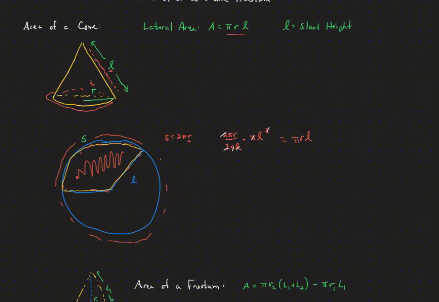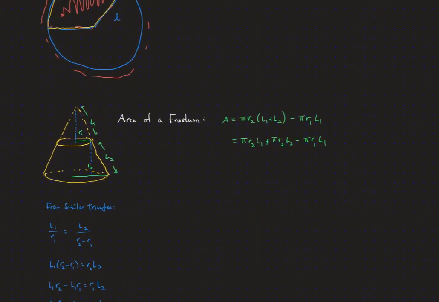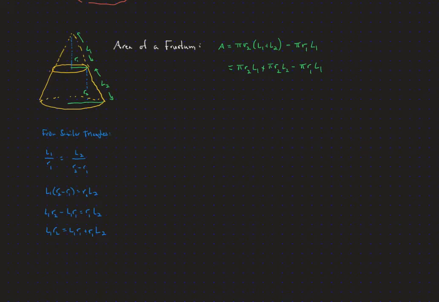Okay, now if we can believe that and establish that, let's move on and look at our frustum. So now we're looking at the area of this piece in here, just that area, not the circle on the top or bottom. We can see that the frustum is part of a larger cone. The big cone has a radius of r sub 2, and the slant height for the whole cone is what I'm calling L1 plus L2.